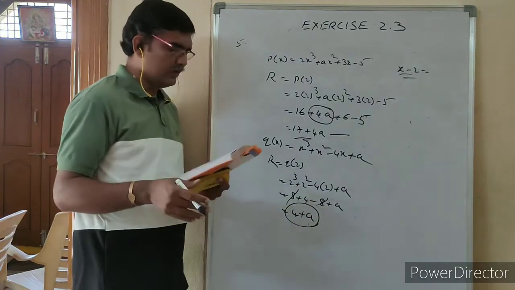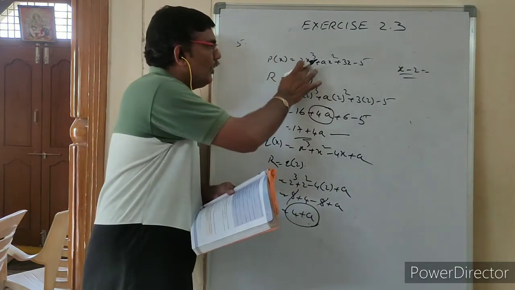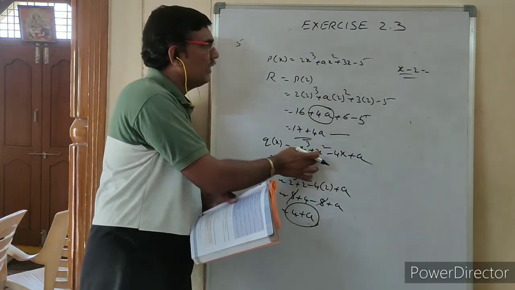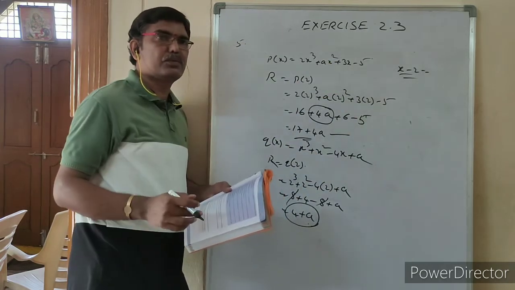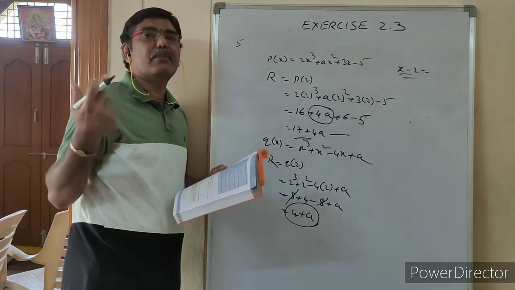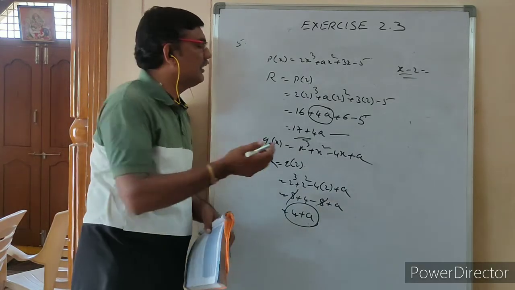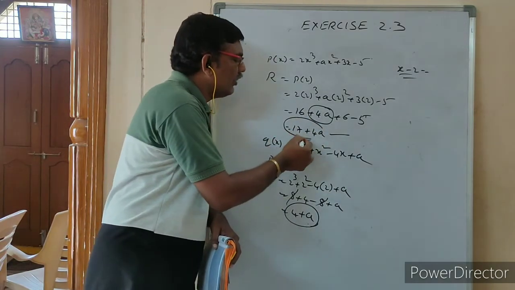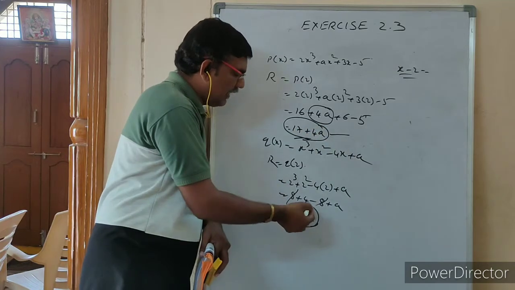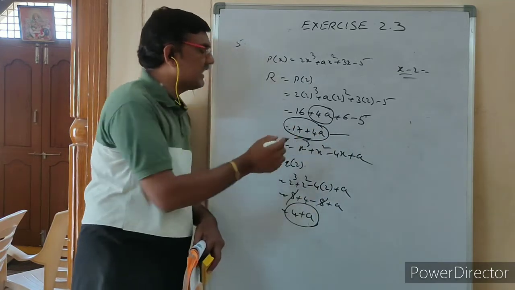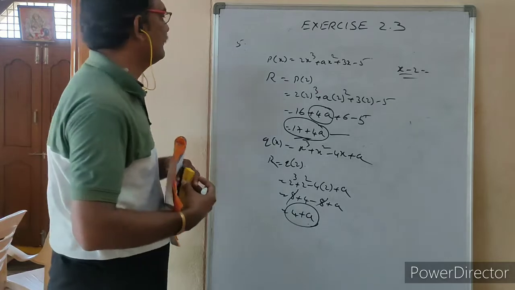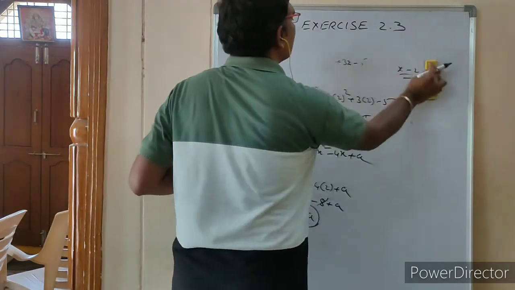Now read the question again. If you divide these polynomials with x minus 2, it leaves the same remainders. It leaves the same remainder means whatever remainder you got here, its value and this value both will be same. Means you have to equate it. How to equate?